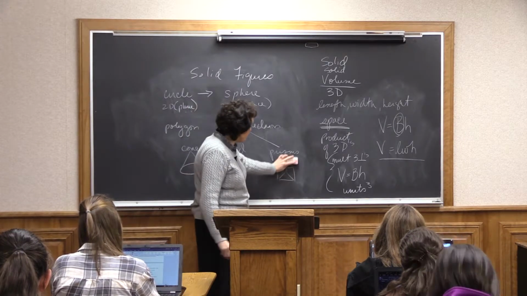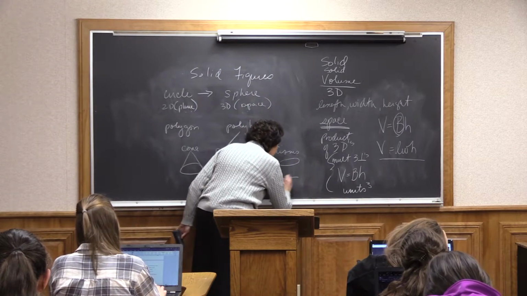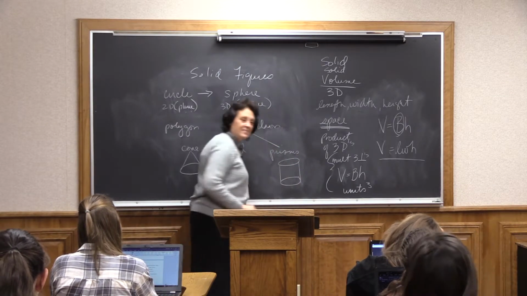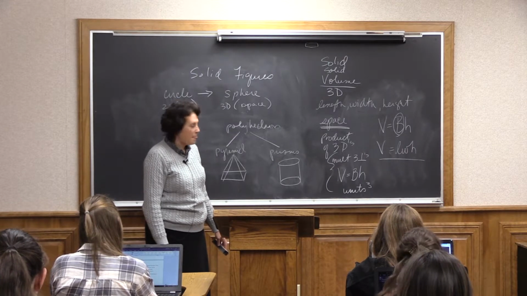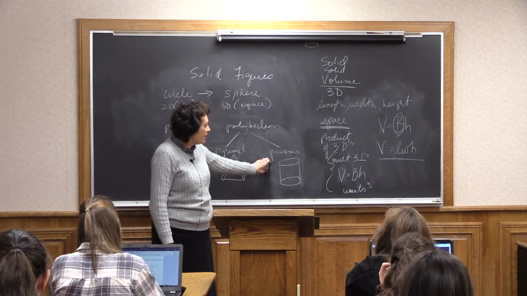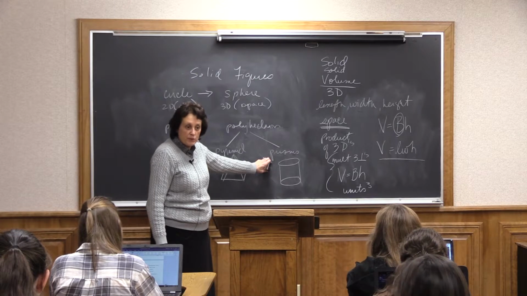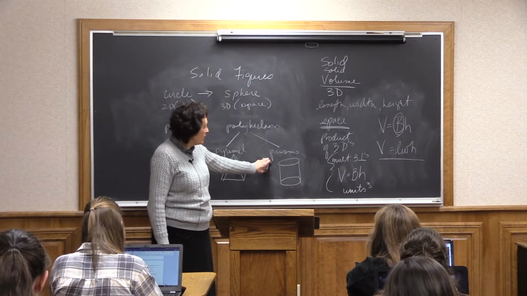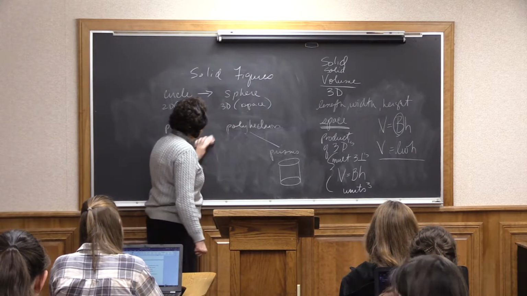A circular prism, what do we call that? A cylinder. Okay, and when we're dealing with prisms, these are pretty much all that our textbook deals with. We have a cylinder, which is a circular prism.